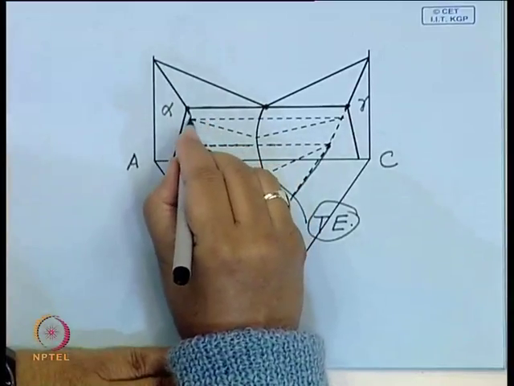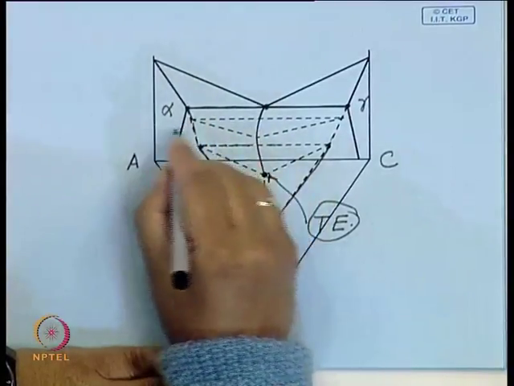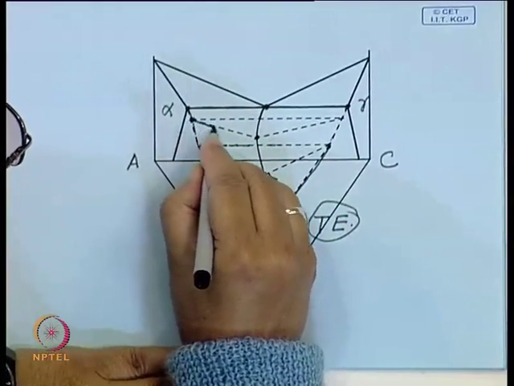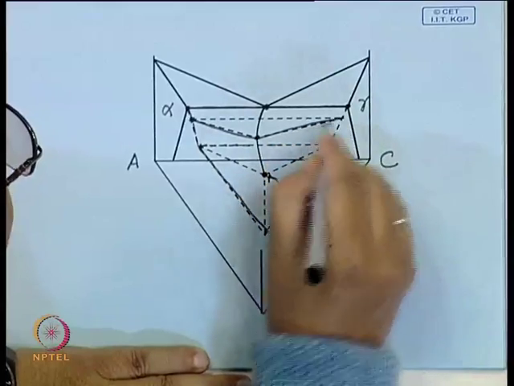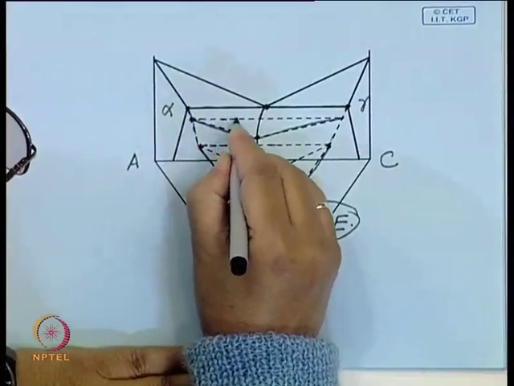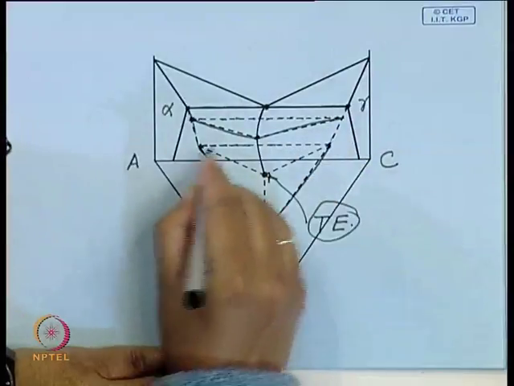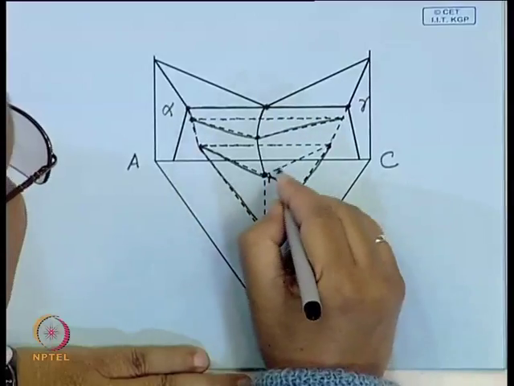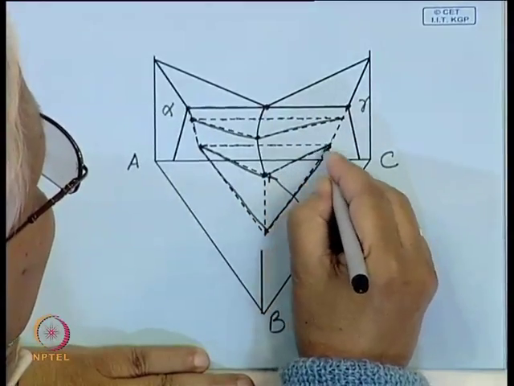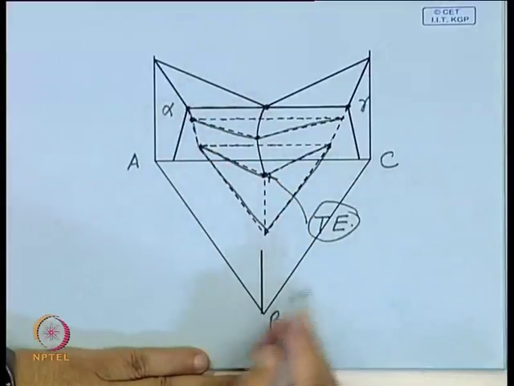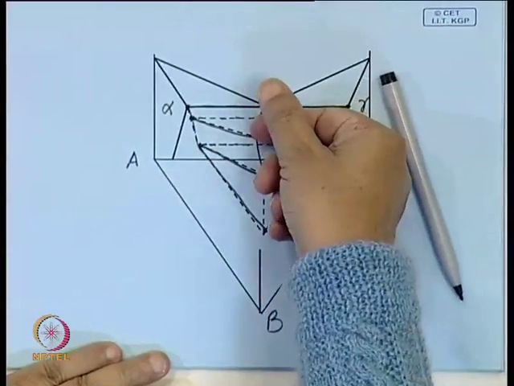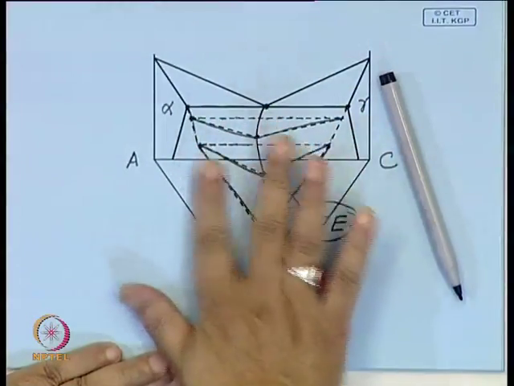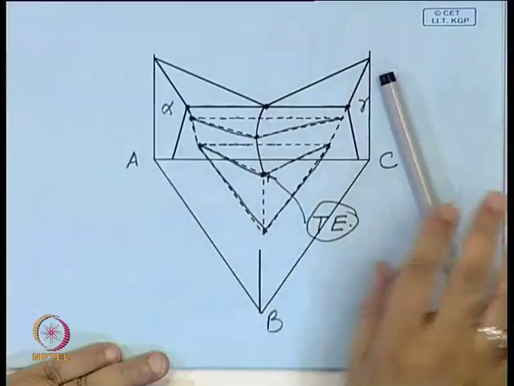So, you generate a triangular region, and these are the dotted lines which are behind. Similarly, this is another point where it just meets the ternary eutectic isotherm.